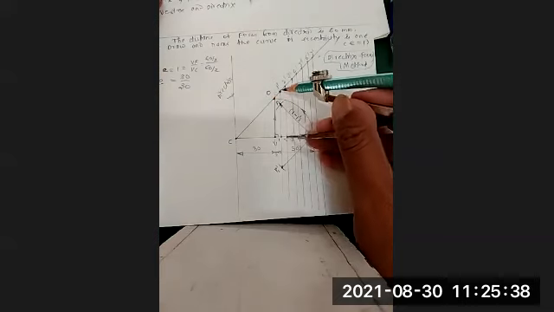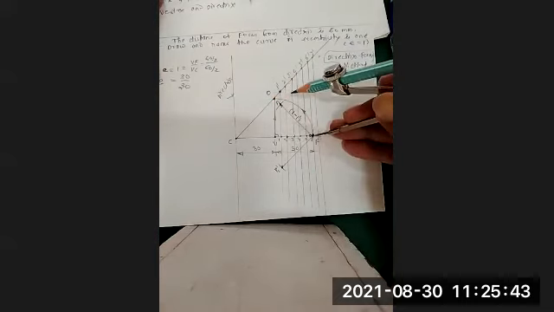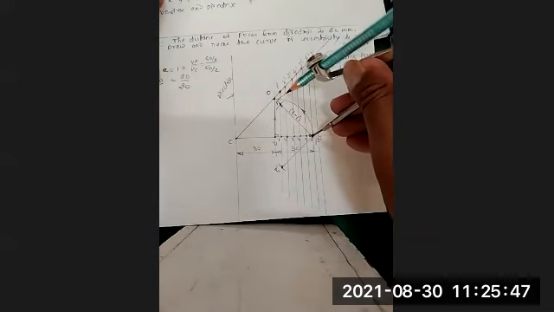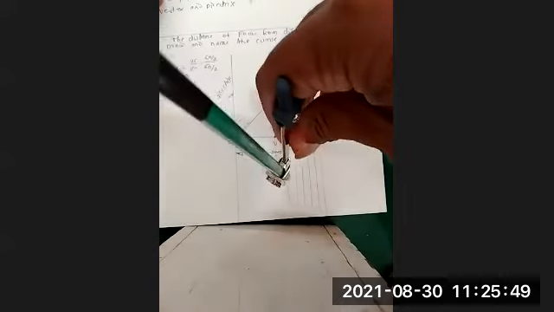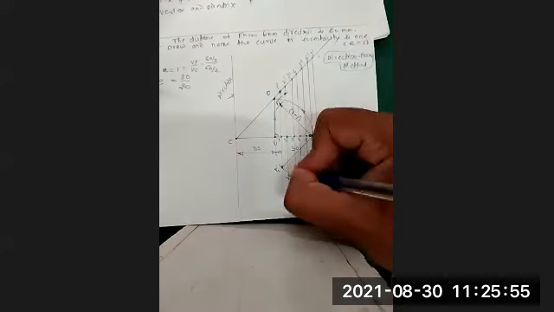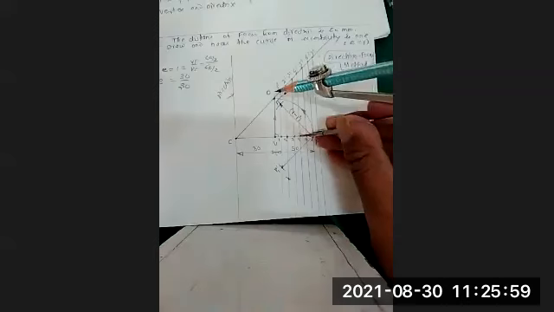Similarly, 2 to 2 dash, keep at F, cut the concern line. Sorry, this one. Cut the second line, that is extension of 2 to 2 dash. You will get next 2 points here. Then 3 to 3 dash.